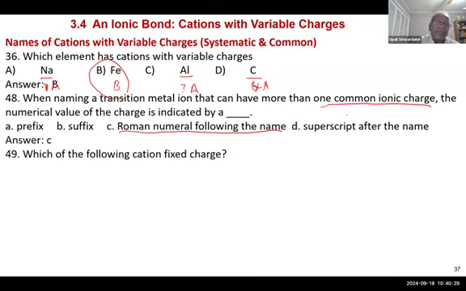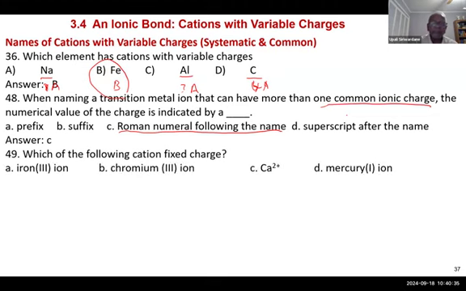Which of the following cations has fixed charges? Iron could be 3 plus or 2 plus. Chromium could be 3 plus or 2 plus. This is B groups.